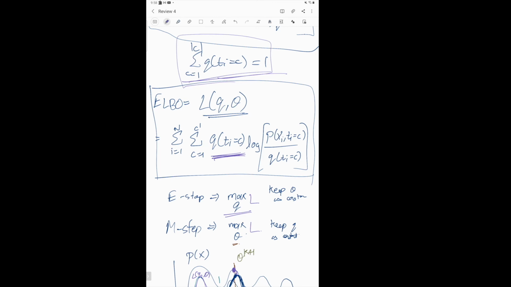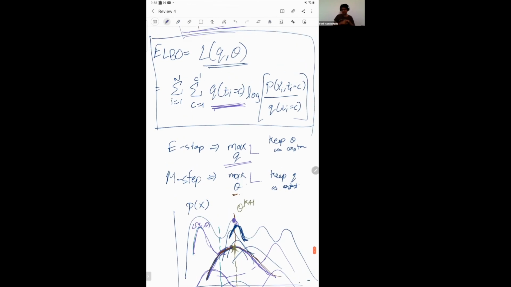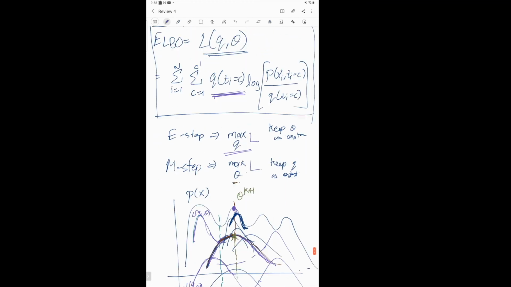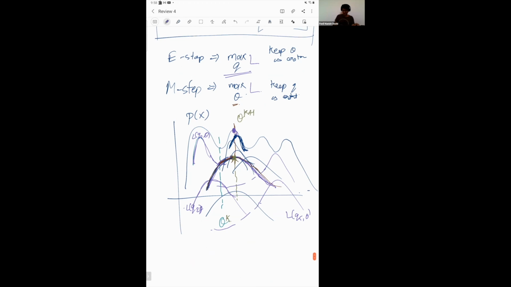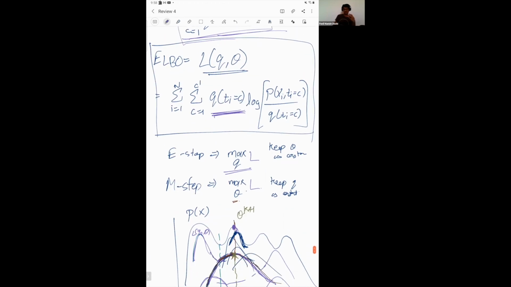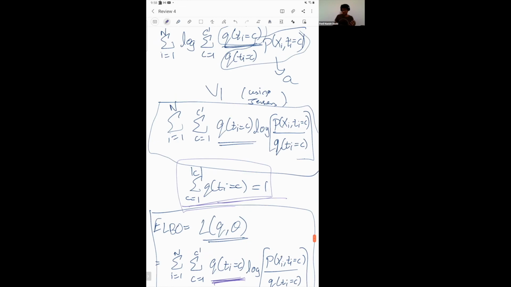Or is it something different? So yeah, in the E step you would see that this thing that we want is the same as this posterior distribution, but at the end our goal is to obtain this p of x and nothing else. And q of t i is currently simply a free parameter that we have introduced. Here we are not enforcing any constraint that it needs to be similar to this or anything.